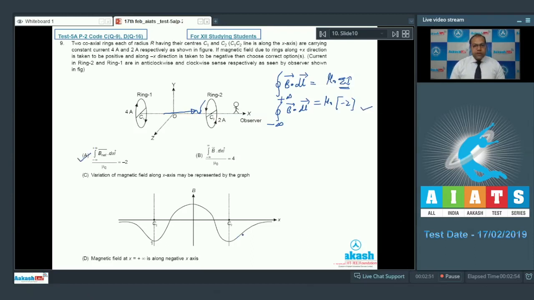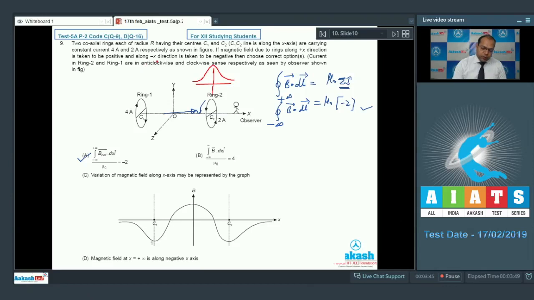In option C, variation of magnetic field along the x-axis may be represented by the graph shown. If I consider the magnetic field variation due to individual rings, then due to ring 2, the magnetic field variation is like this, because the magnetic field along positive x-axis is taken as positive.